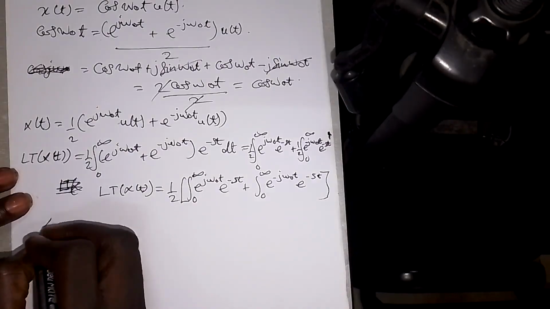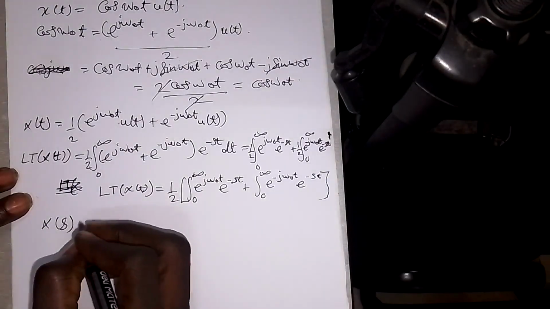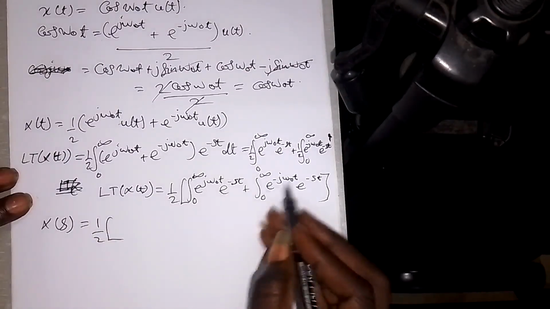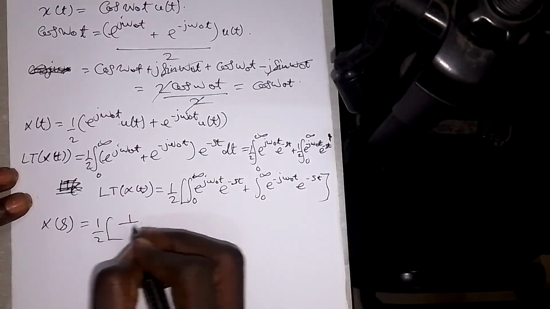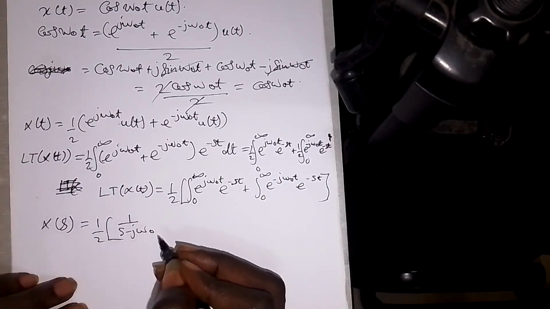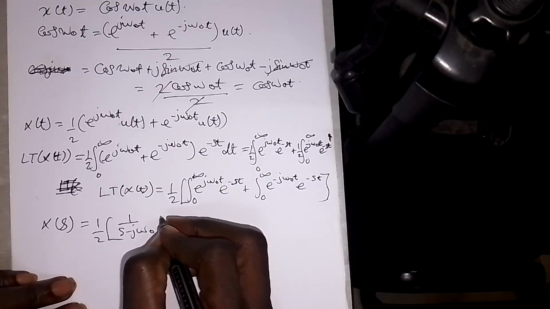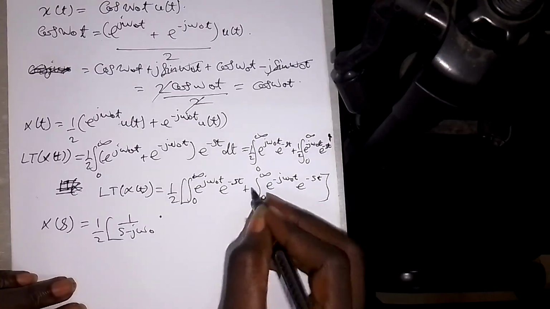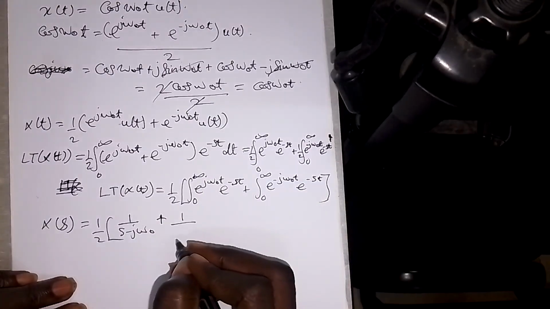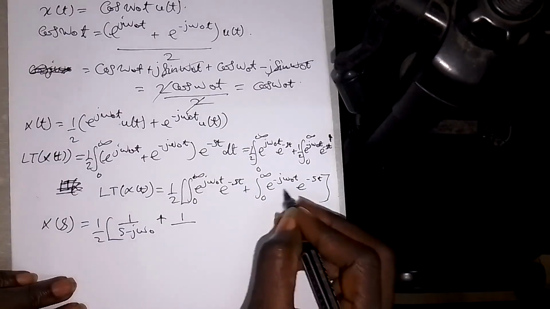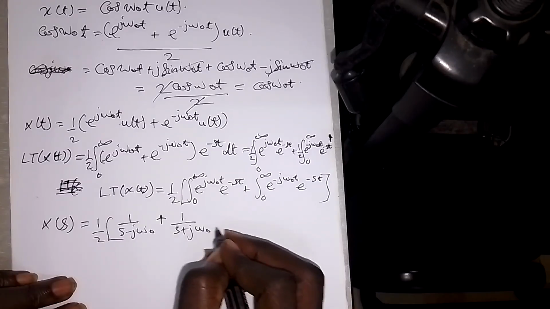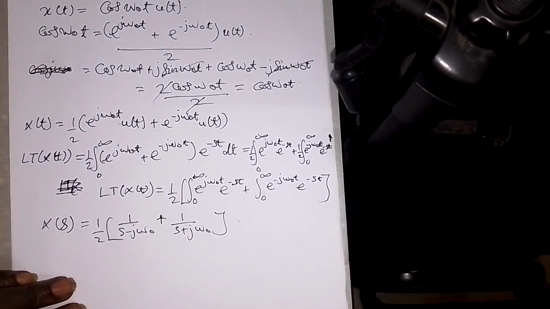So taking the Laplace transform of this one, I'm going to get 1 over 2, times 1 over s minus j omega naught, plus 1 over s plus j omega naught. So this is what I'm going to have.